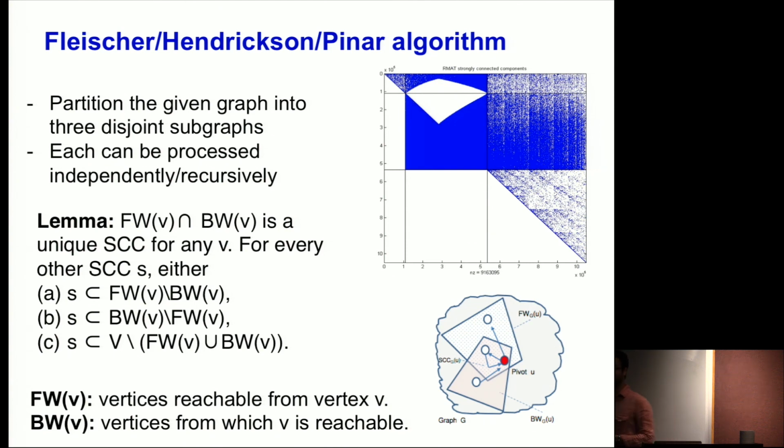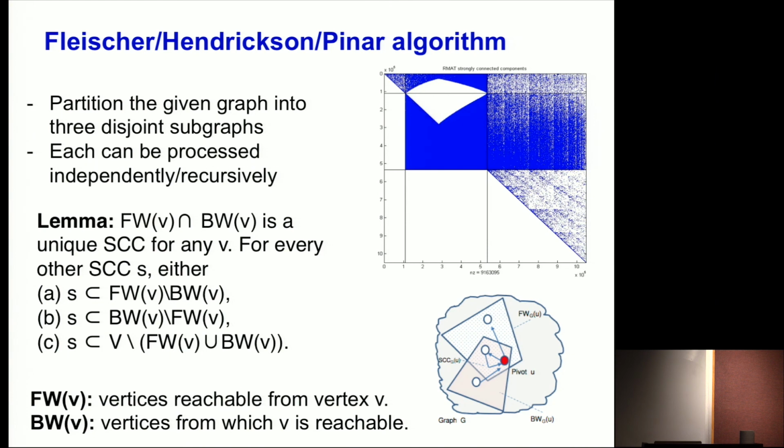But you also found something more interesting. Once you subtract that unique strongly connected component, the intersection of the forward and backward set, from the forward set, what remains is completely separate from the backward set minus the forward set. Let me rephrase it. By finding the strongly connected component with the forward and backward algorithm, you essentially divide the remaining graph into 3 components.